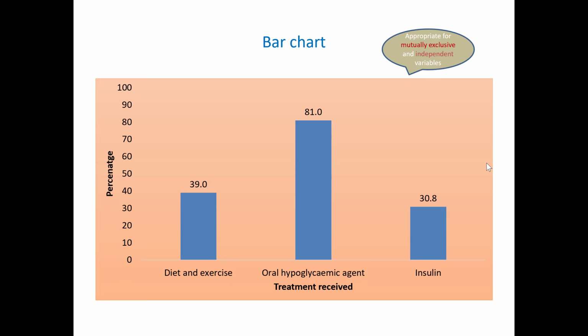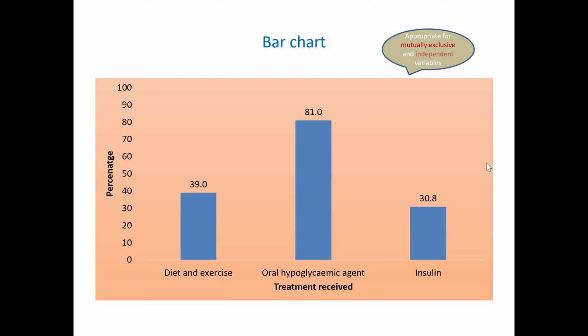Somebody may be on insulin, an injection that lowers blood sugar. Somebody may be on diet and insulin at the same time. Someone may be on diet and oral hypoglycemic at the same time. Some may be on insulin and oral hypoglycemic at the same time. Some may even be on the three of them. Can you see now? So it's not mutually exclusive. This treatment modality is not mutually exclusive.